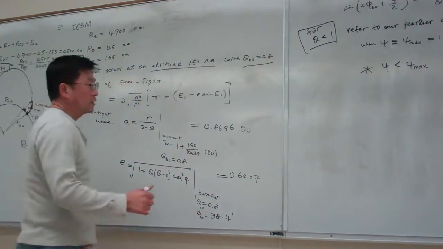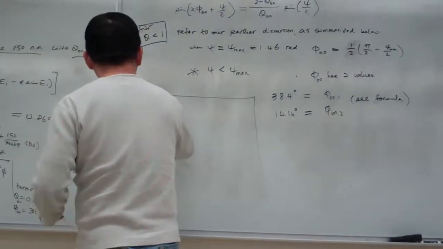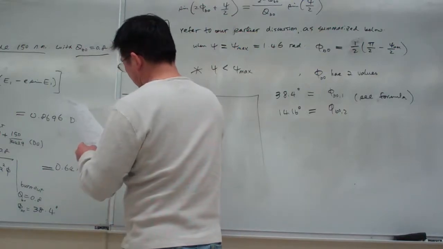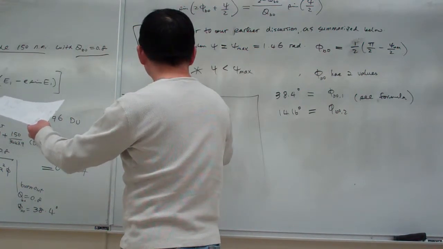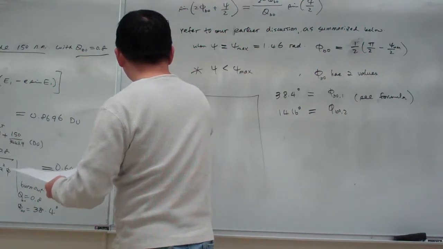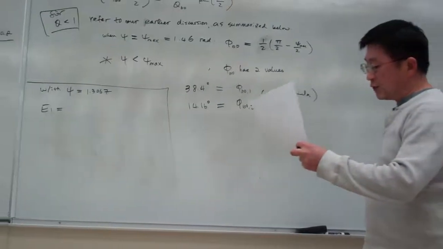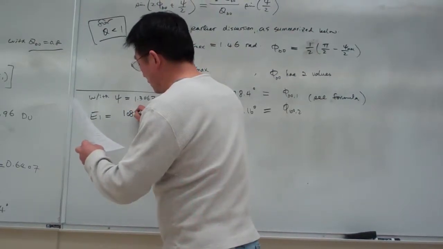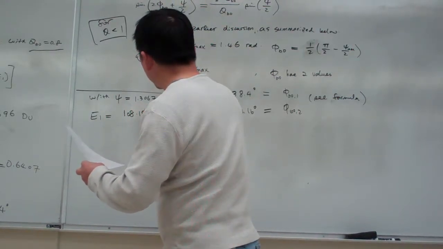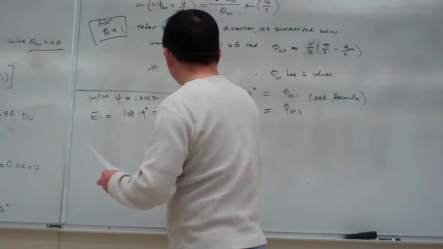So again, continuing here with psi equal to 1.3067, then we can get E1. Again, E1 has a formula there, and plugging in, E1 will be equal to 108.19 degrees, and that is 1.888 radian.